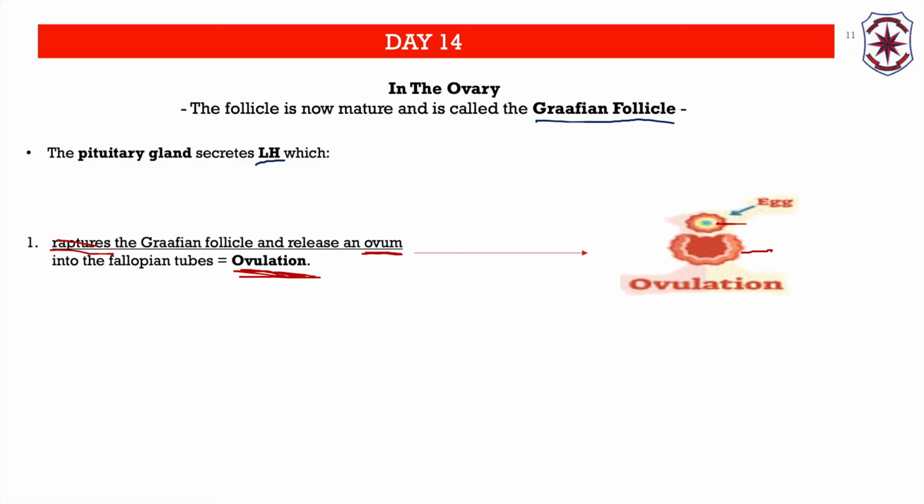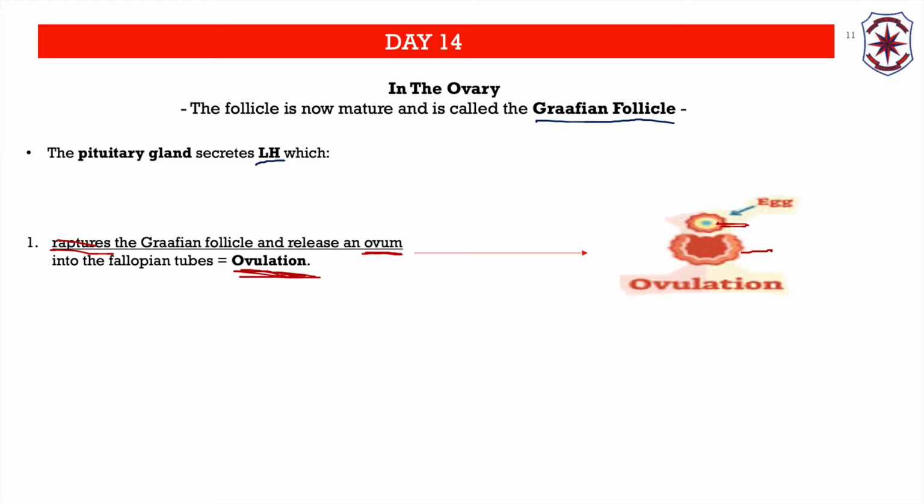Now, it means from day 1 to day 13, the female body did not have an ovum. So, if there is no ovum, therefore there is no fertilization. So from day 1 to day 13, we say that the woman is infertile. She has no ability to make children because to make kids, we need an ovum to be fertilized by a sperm.